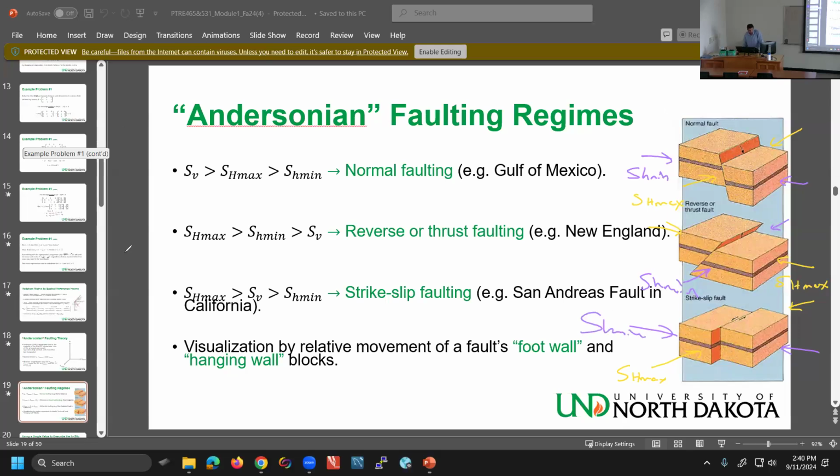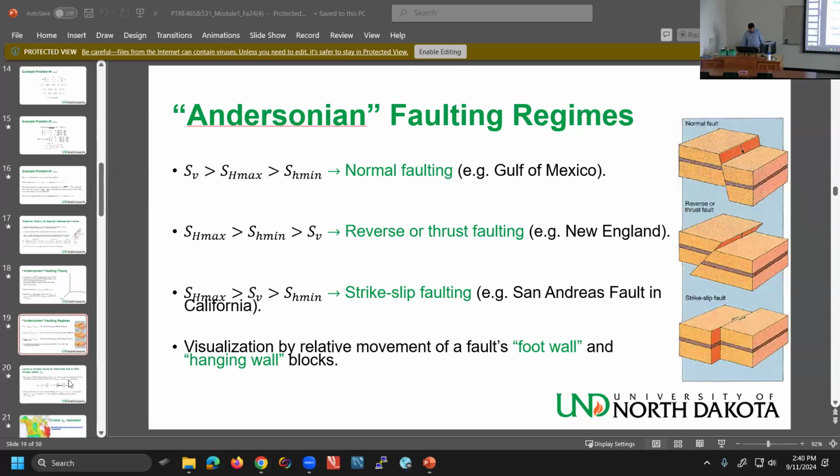And of course, in all of them, the SV is vertical. You need to know this stuff, and you need to not only know it by memory, but have it understood in your mind. And I think some of you already know about this concept.